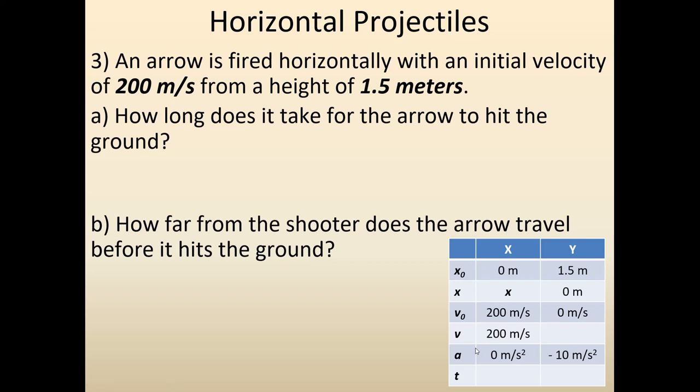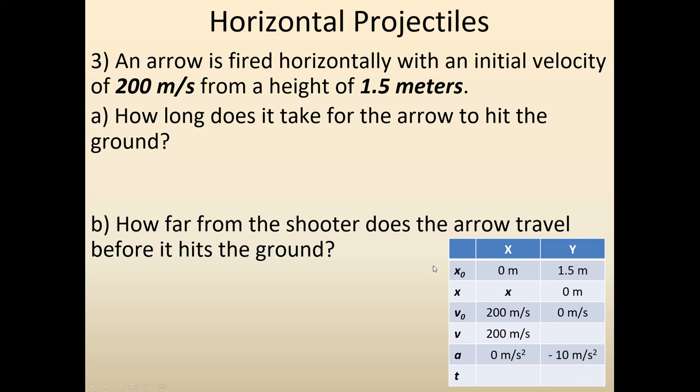You can check this out yourself, but what you'll end up getting is, if you use the timeless equation, you'll just get v squared equals v naught squared. If you use the acceleration equation, you get v equals v naught. And if you try to use magic d, you'll just end up with d equals v naught t. So you need two of those three variables, d, v, or t.